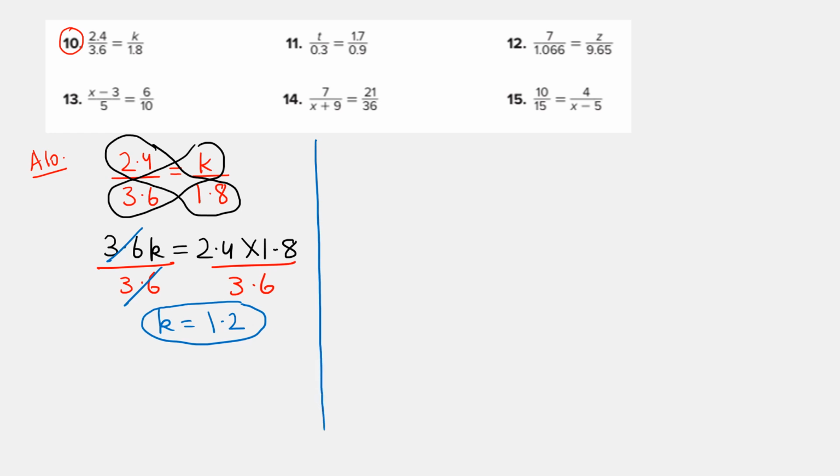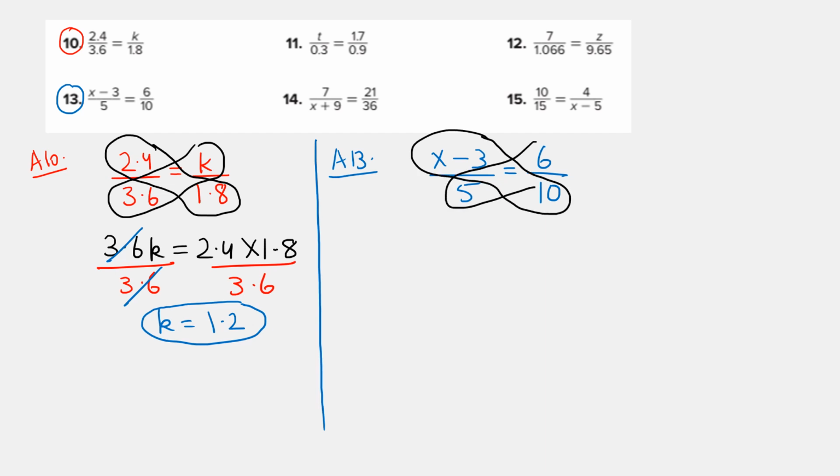Let's do another one where the variable is x, answer 13. So (x minus 3) divided by 5 is equal to 6 divided by 10. We are going to use the same method, cross multiplication. The only difference here is that we will be applying the distributive property on the left hand side.